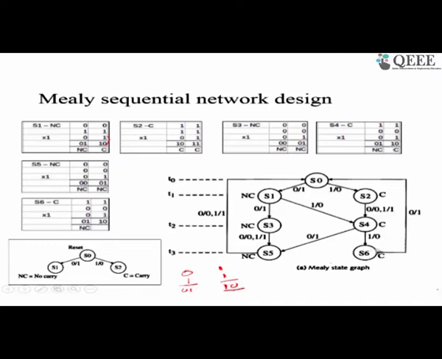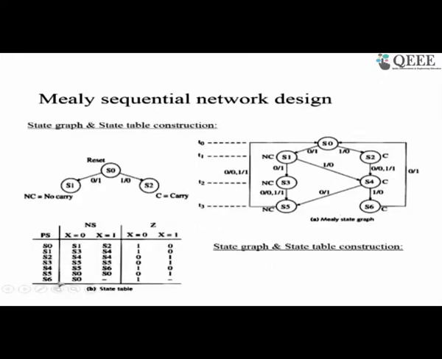Okay. Having got this Mealy machine like this one, we can then go about constructing the table. This table represents the same information as this graph. What do we do? From the present state PS, we go to the next state for two possible input values x is equal to 0, x is equal to 1, and produce the output Z for two possible input conditions 0 and 1. Okay.